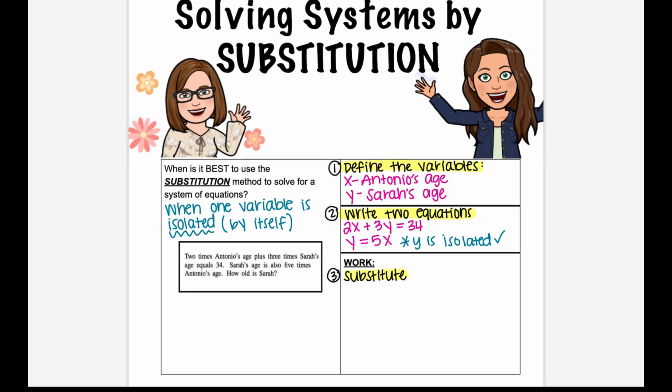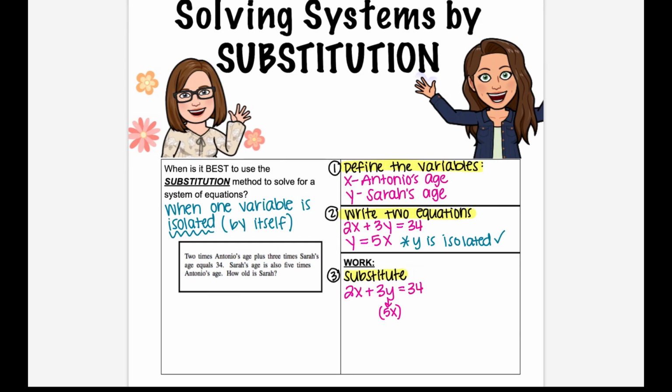Okay, so in this step, since we already know that y is equal to 5x, that means wherever we see a y, we can replace it or substitute it with a 5x. So in this first equation where we have 2x plus 3y equals 34, well, we know that y is equal to 5x. That's what the second equation tells us.